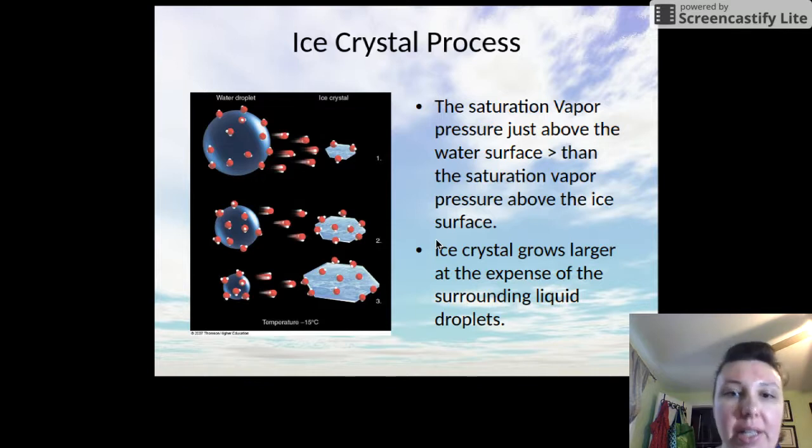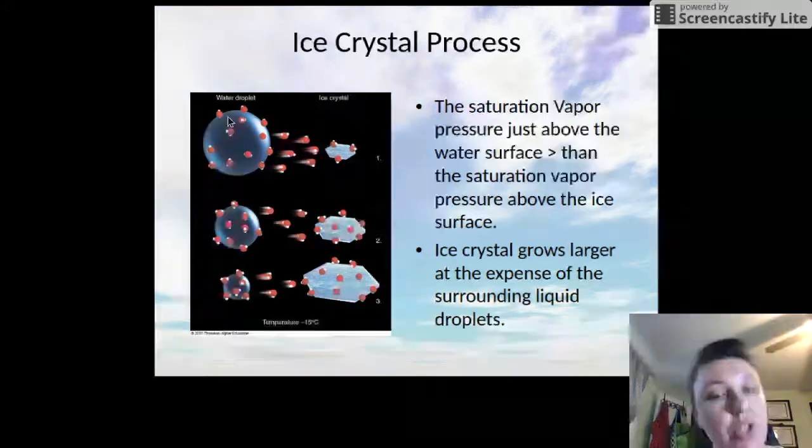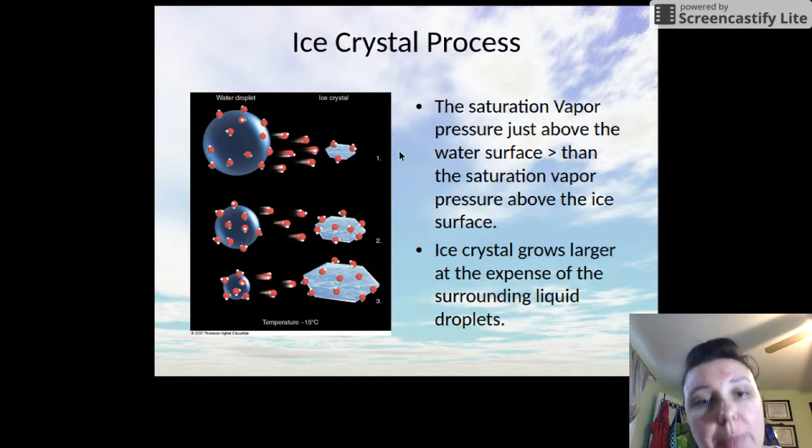And one of the key things to keep in mind is that the ice crystal itself would have greater saturation vapor pressure, meaning that this would be the low pressure region, and this would be the high pressure region, which means that water droplets near ice crystal nuclei will actually move as singular water molecules to the ice crystal nuclei. And this will happen in all directions. So while the artist picture here is just showing the one water droplet moving molecule by molecule over here, it's actually coming in from every direction around this ice crystal from all of the supercool water droplets surrounding it.